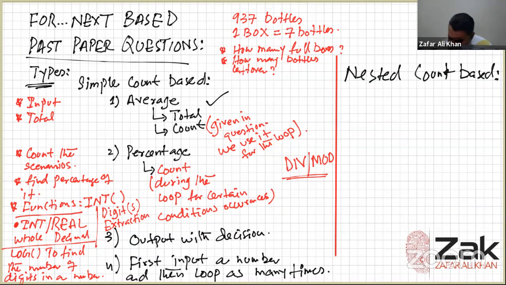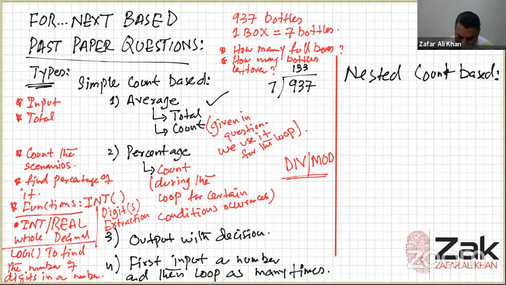In that case, what we would do, we will divide 937 by 7. Why 937? This is the number of bottles that we have. And why 7? 937 divided by 7 is 133 times.